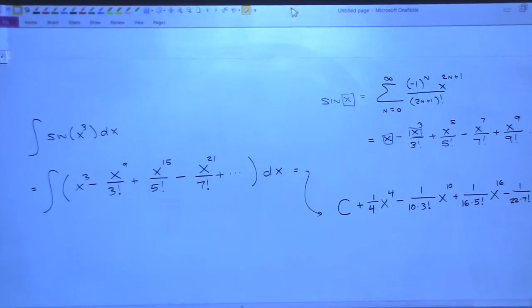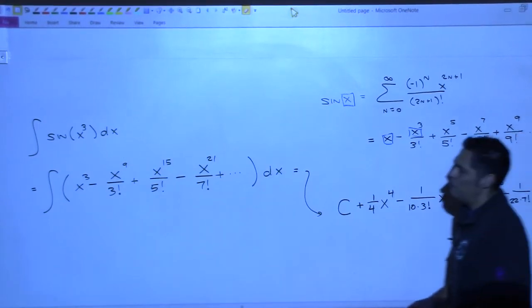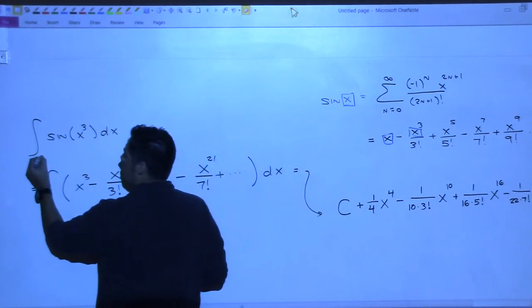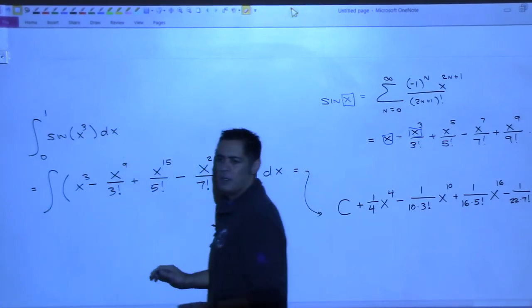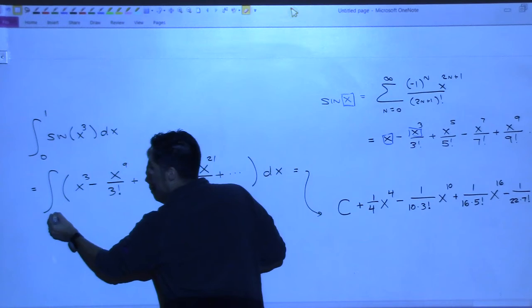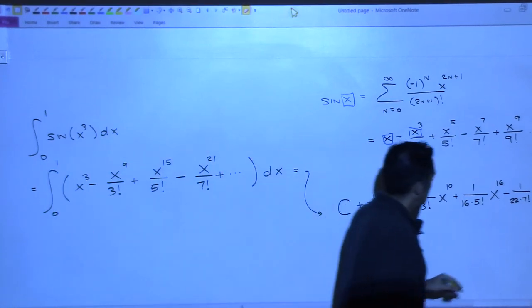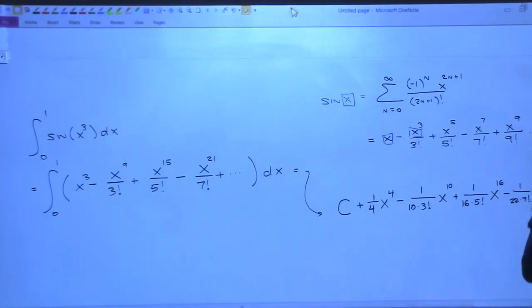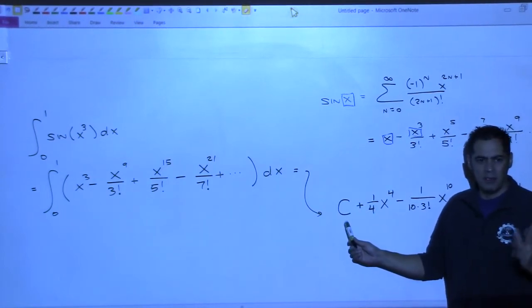Are you going to give us any definite integrals? I might. I mean, the question is, what would be the big deal if I said go from 0 to 1 here? The only difference would be, at the end of this, you would put a bar, 0 to 1, right? And you wouldn't need the C anymore because the C would go away.